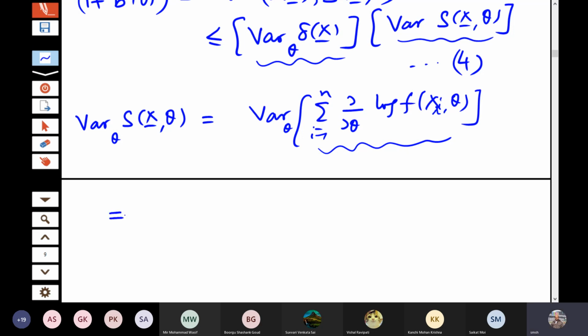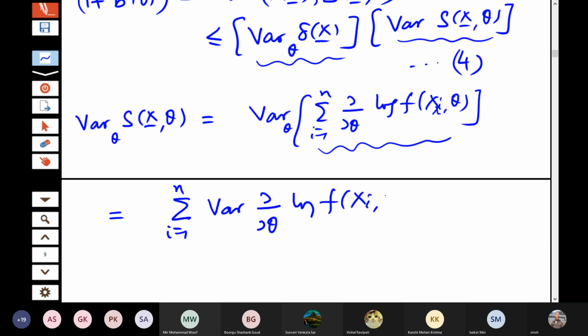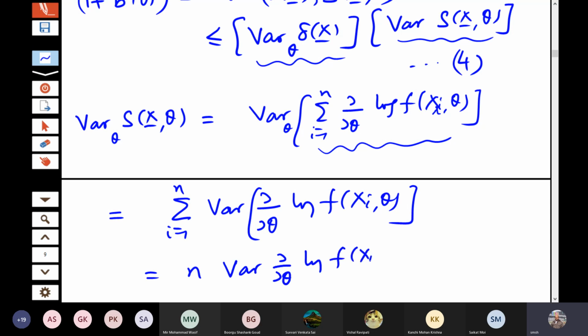So this becomes the sum of the variances, and each of them is from the same distribution. So I can just replace it by n times the variance of del by del theta log of f(xi, theta).